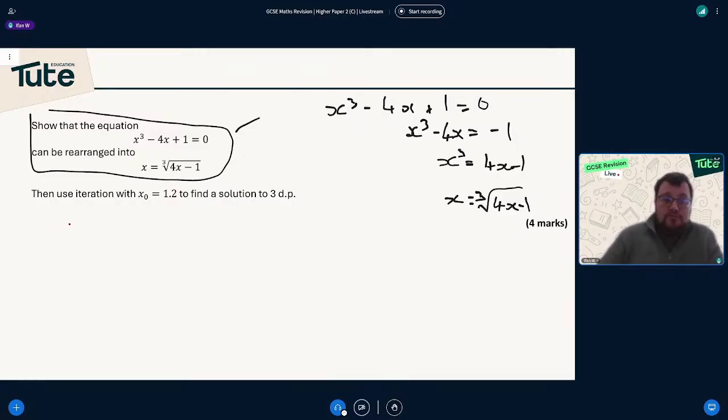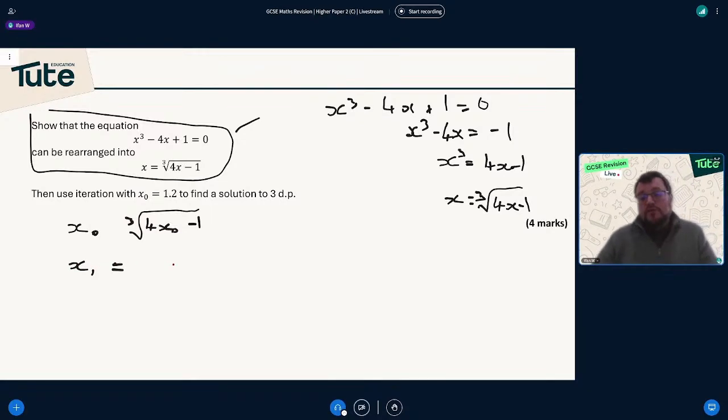Right then, what I would do is create a little table. x0, then you've got 4x0 take away 1, the cube root of that. And so x1 would be, then you've got this. This is where I need to get my calculator out again, okay? But hopefully you'll remember that.